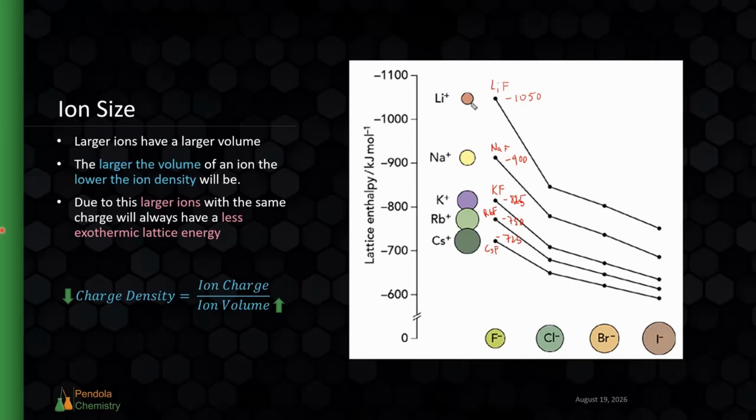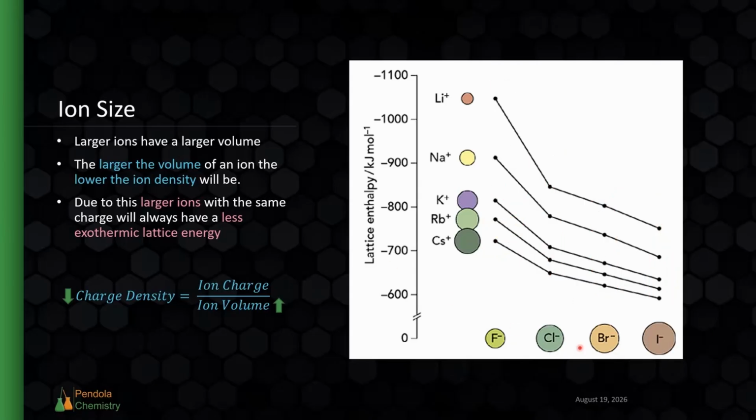So as that cation gets bigger, because the attraction between the cation and the anion gets weaker, the lattice energy gets smaller. And it's the same for every repetition of this. Here we have it with chlorine, here with bromine, here with iodine, but it's the same pattern. As the cation gets bigger, the lattice energy gets less exothermic.